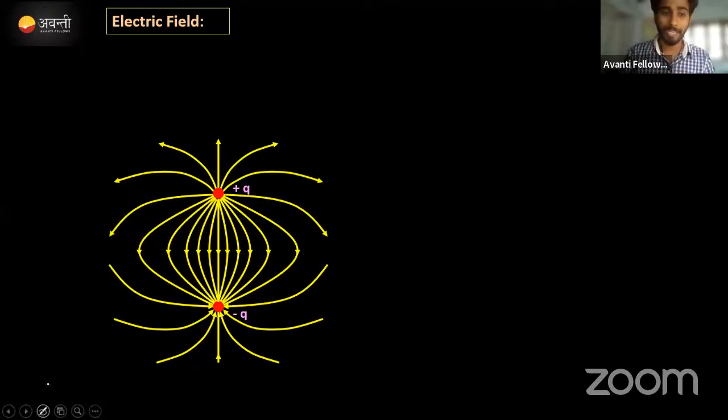You might get an idea here. From the positive charge the electric field lines start, direction also shown here, and then they end at the negative charge, right? They start from the positive charge and end at the negative charge, right? Correct?